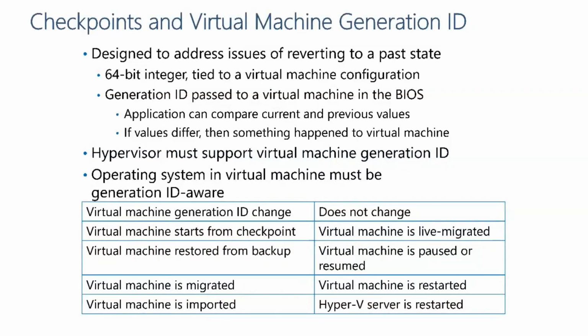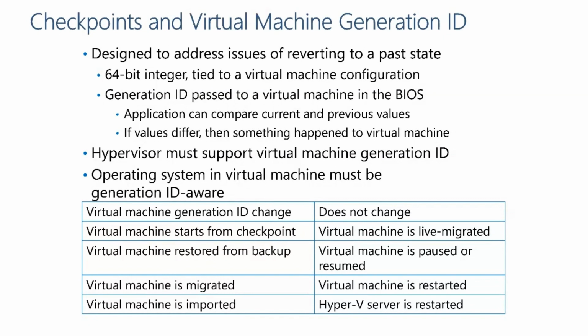It's a 64-bit integer tied to the virtual machine configuration. The generation ID is passed to the virtual machine in the BIOS, and applications can compare the current and previous values. If the values are different, then something has happened. Go back to the snapshot. The hypervisor, meaning the Hyper-V, must support the machine generation ID. The guest operating system must also be aware of it.